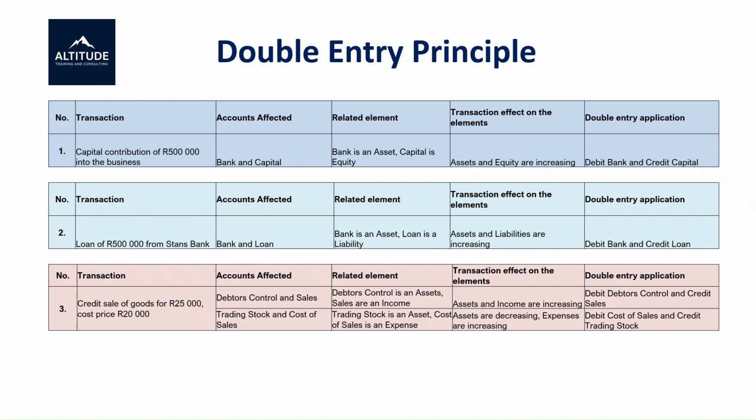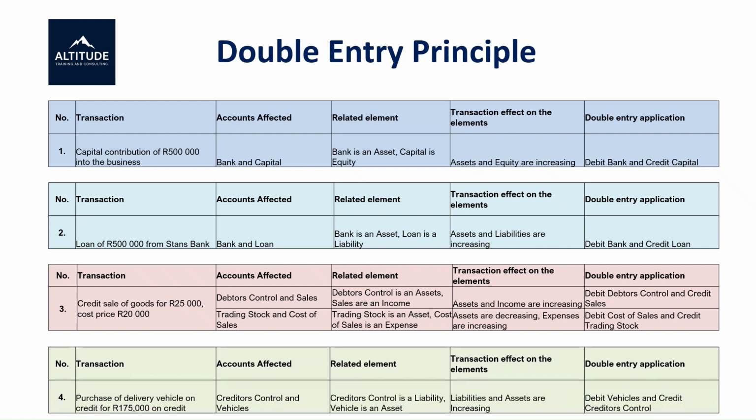In applying the double entry, we're going to debit cost of sales because cost of sales is an expense and expenses increase on the debit side, and we are going to credit trading stock. Trading stock is an asset, and assets decrease on the credit side.